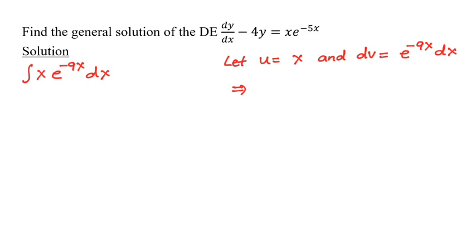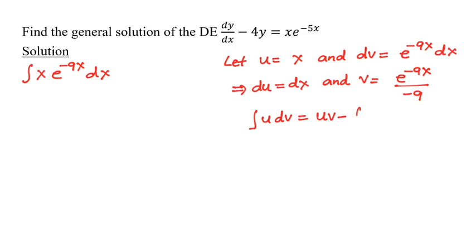We differentiate the first, so du equal to dx, and we integrate the second, so you get v equal to e to the negative 9x divided by negative 9. We'll write the constant of integration later on. Also recall the formula for integration by parts is integral of u dv equal to uv minus integration of v du.